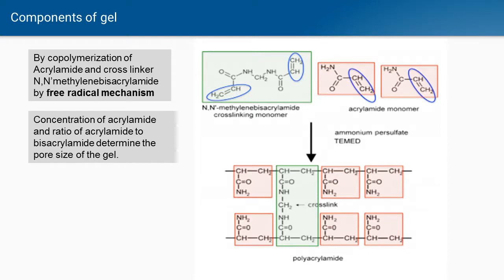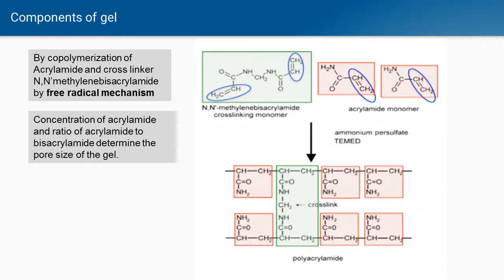Components of gel. The gel is formed by copolymerization of acrylamide and the cross-linker N,N'-methylene bisacrylamide by a free radical mechanism. So the monomers are acrylamide and bisacrylamide. These two interact with each other and copolymerize, and the mechanism behind this copolymerization is the free radical mechanism, which I'll discuss.